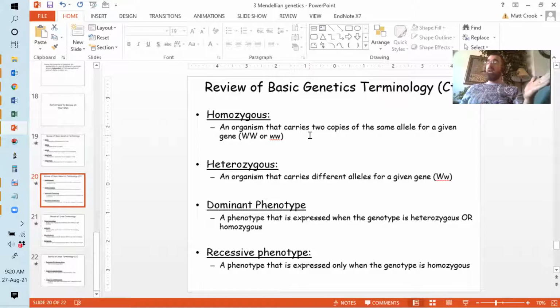But anyway, we're all diploid, and humans, at the very least, have 2 copies of each gene. Those 2 copies could be the same in terms of alleles. They could be different. Different, heterozygous, same, homozygous. Homozygous doesn't refer to what alleles you have, only that you have 2 of the same.